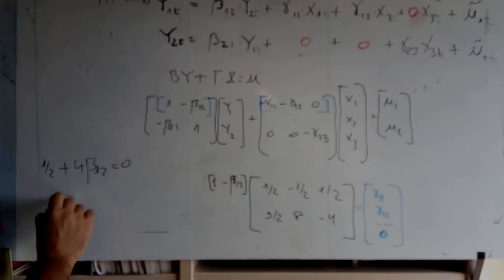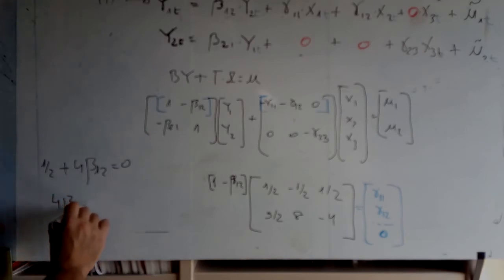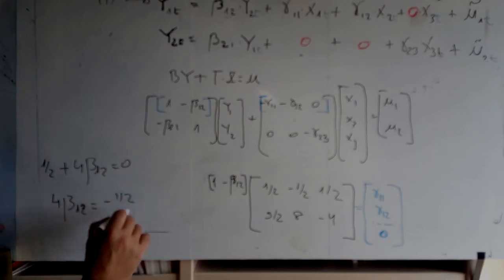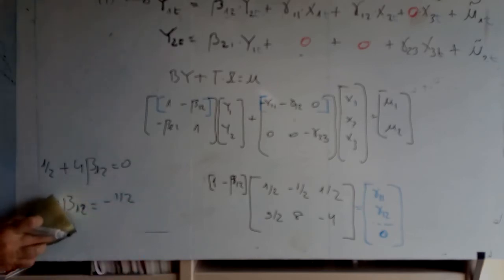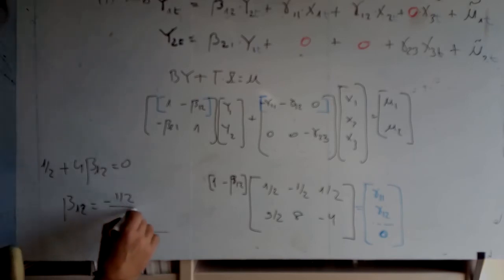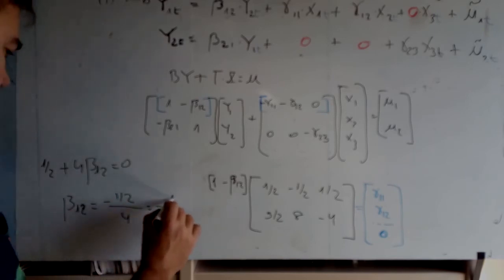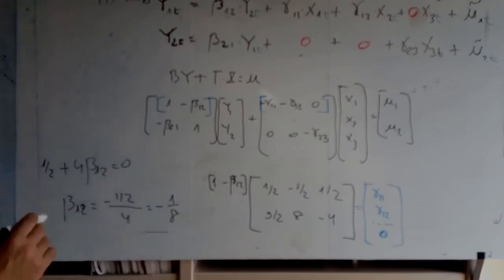So 4 times beta 1 2 has to be equal to minus 1/2. So beta 1 2 has to be minus 1/2 over 4, that is to say, minus 1/8. So we have completed our first estimation.